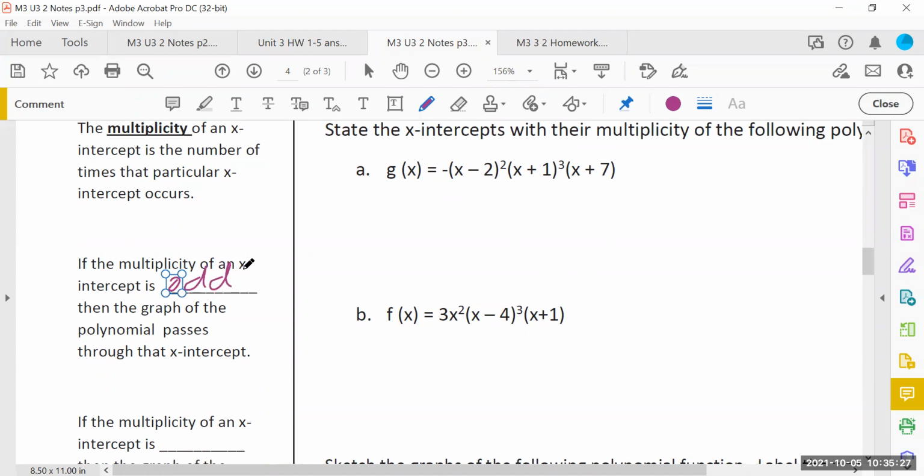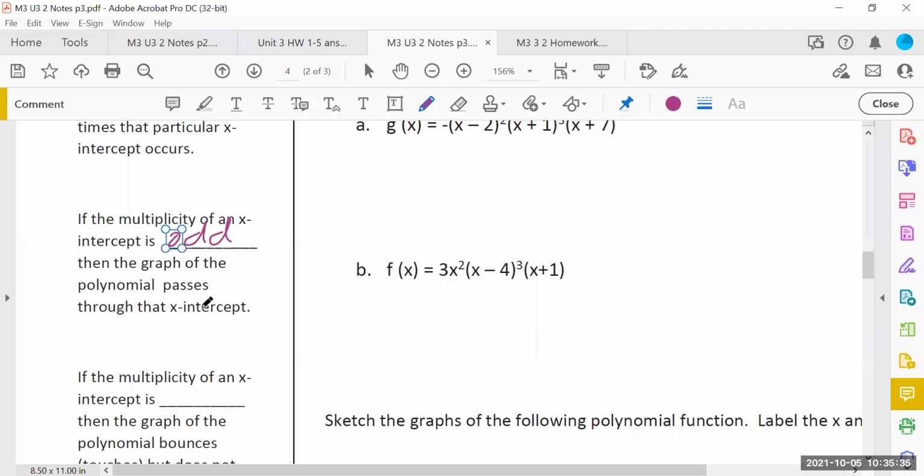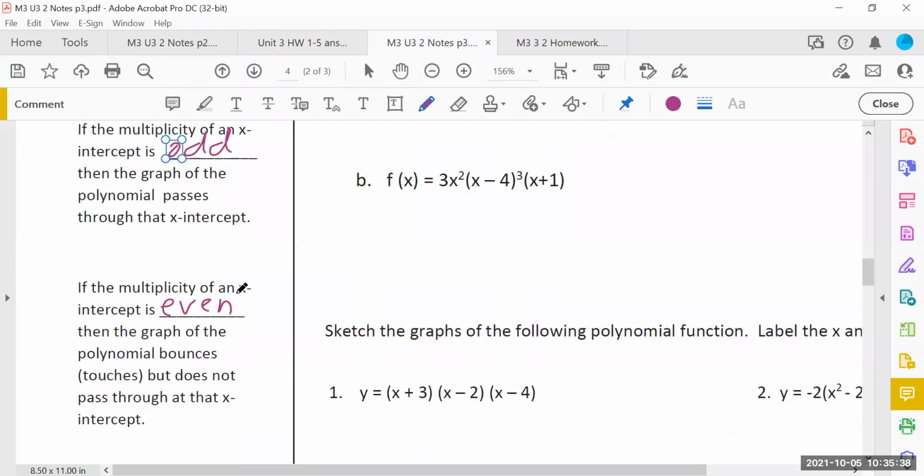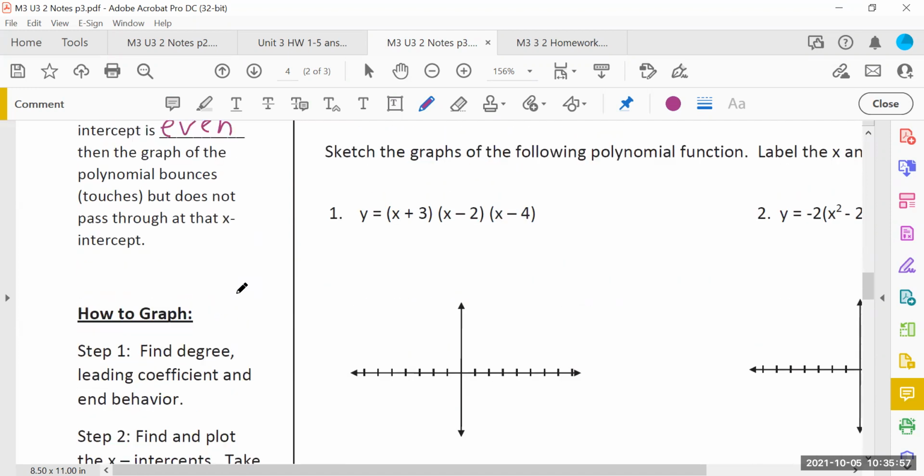If it's odd, it goes through the x-axis. Whereas if it's even, we're going to call it a bounce or a touch. It's not going to go through. Again, it's like a ball bouncing off a table. It comes down, it hits the table, and then changes direction and keeps going. It doesn't crash through the table. Does that make sense? We're going to bounce off. And you're going to see that on some of our graphs here. The first one, it doesn't actually come up.